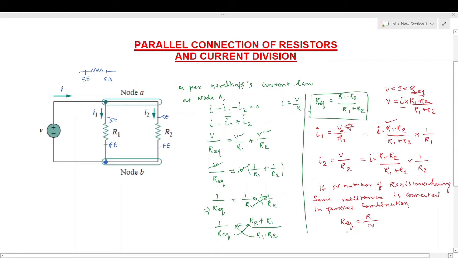This will give the equivalent resistance of the parallel combination if n number of resistors having equal resistance are connected.